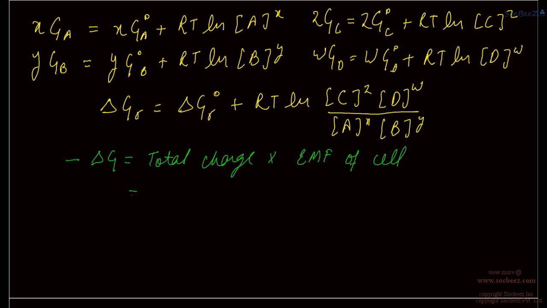Since total charge is nF and EMF of cell is E, this equals minus delta G. So from here, delta G equals minus nFE of that particular cell. Since we are dealing with a cell, we write E cell.